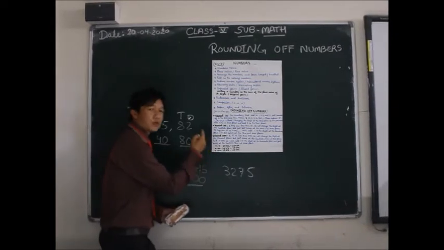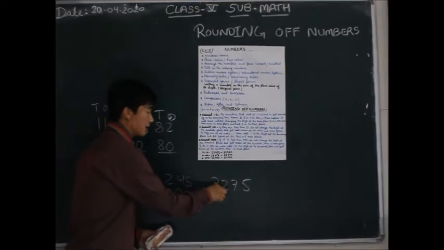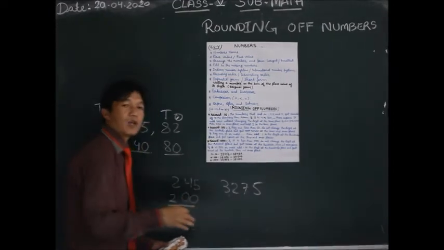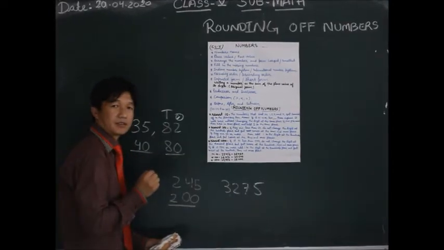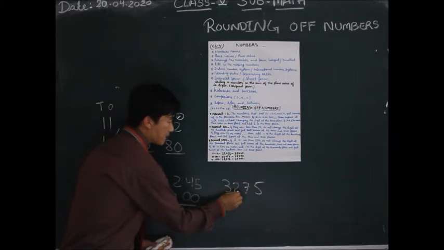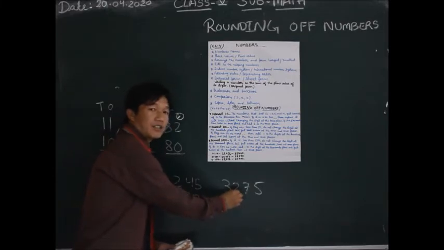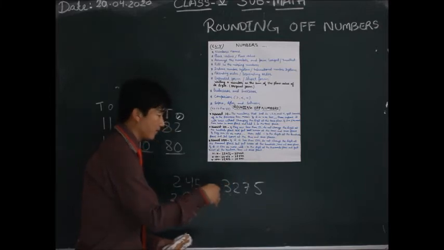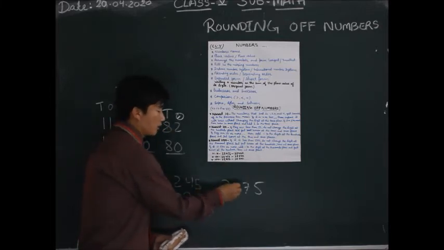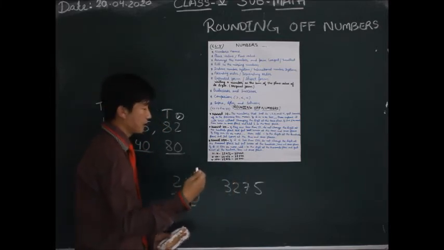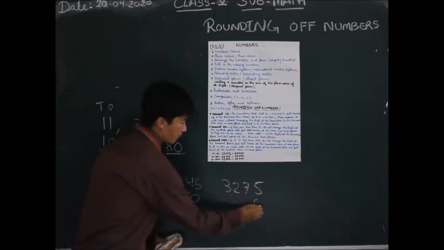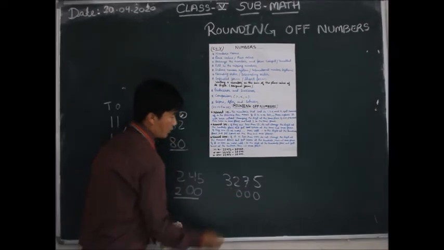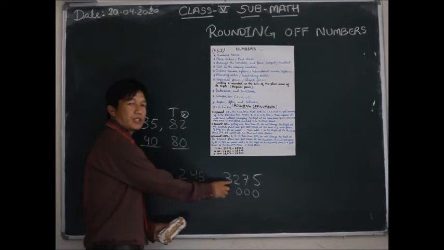When we talk about 1000, at that time we have to check the 100 place, whether this 100 place is greater than 500 or less than 500. If the place is greater than 500, we have to change this to 0, and here we have to add.